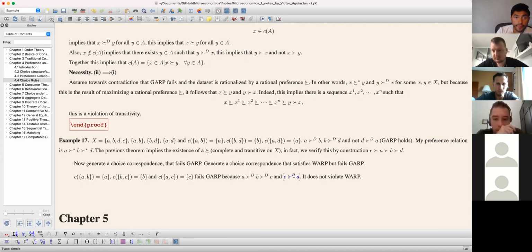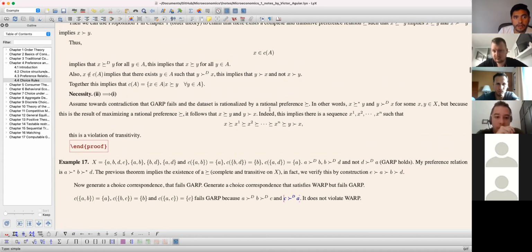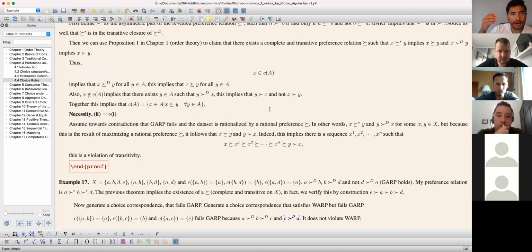So in short, this proof is invoking a technical assumption, which is the extension theorem. So it's not the nicest proof ever. We are relying on the Szpilrajn extension theorem. So I'm not going to be doing this as the main proof that we're going to do. We're just going to clean the house.